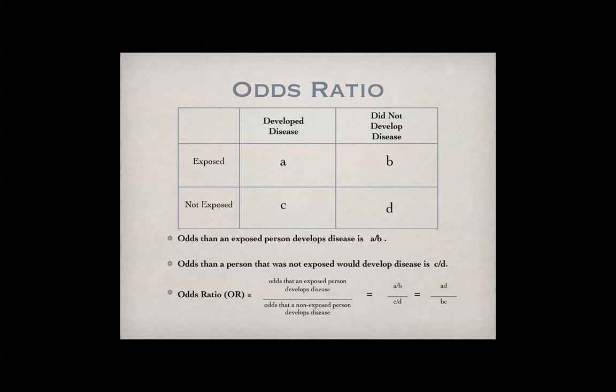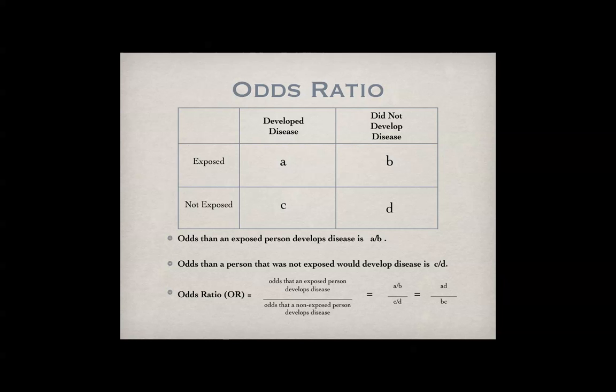Okay, so the odds that a person who was not exposed would develop the disease is C divided by D. So people that were not exposed that developed the disease divided by people that were not exposed that did not develop the disease. Okay, and then for the total odds ratio, we take that first number and divide it by the second number.